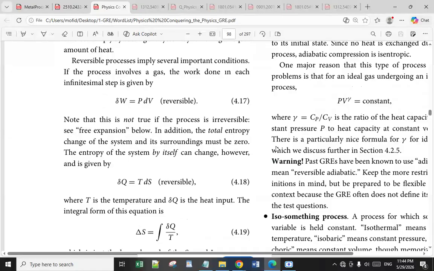Note that this is not true if the process is irreversible; see free expansion below. In addition, the total entropy change of the system and its surroundings must be zero. The entropy of the system itself can change, however, and is given by these equations.